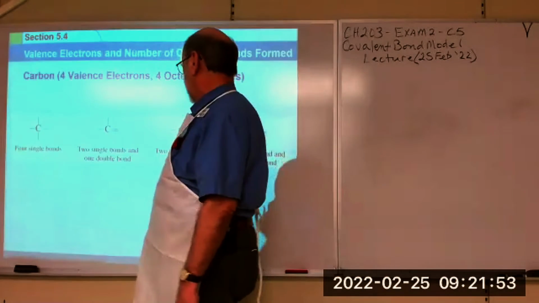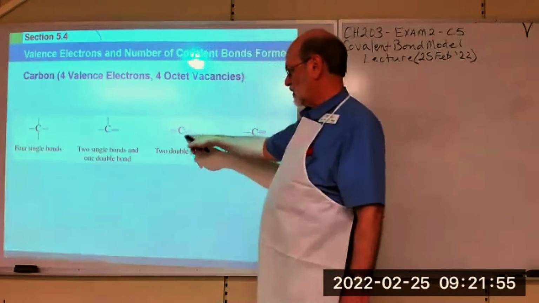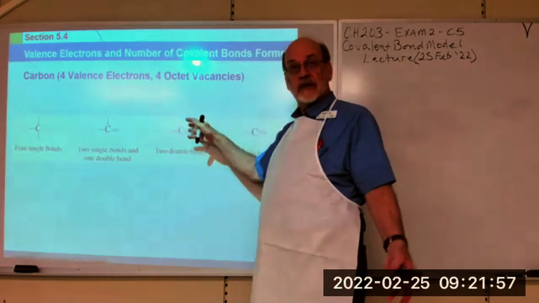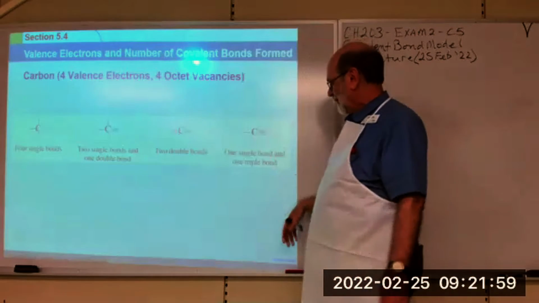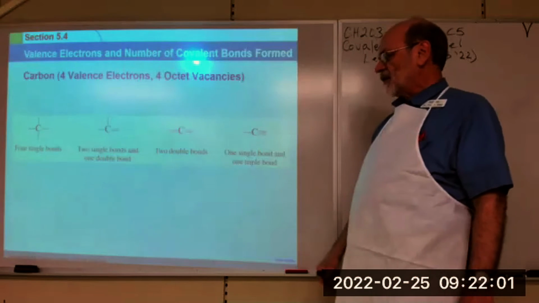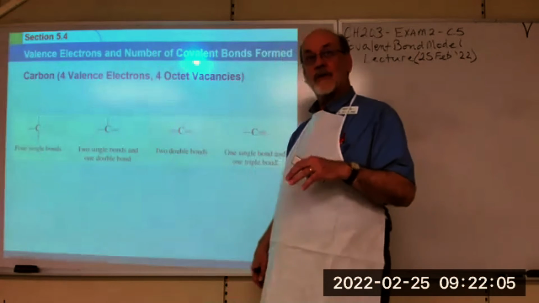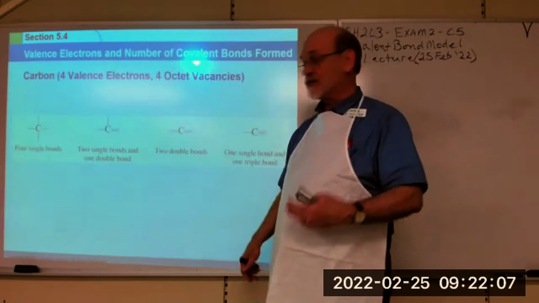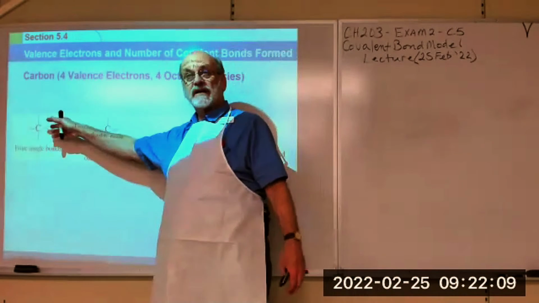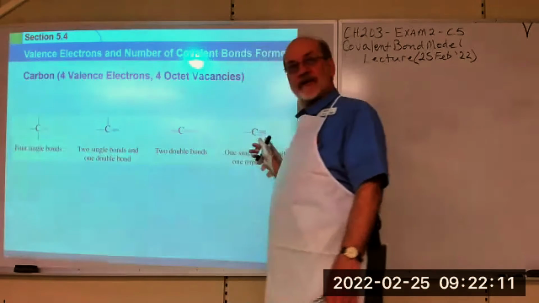Or you can put 2 oxygens here, right, make carbon dioxide. So that's why organic chemistry is so complex, because carbon, which is the basis of organic chemistry, can form 4 bonds of so many different types.